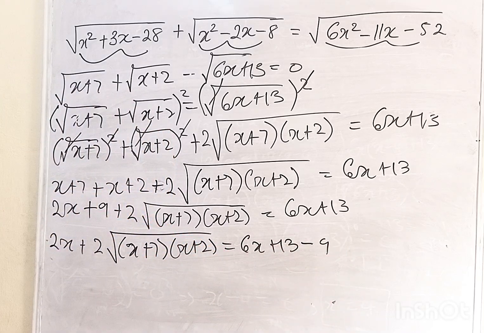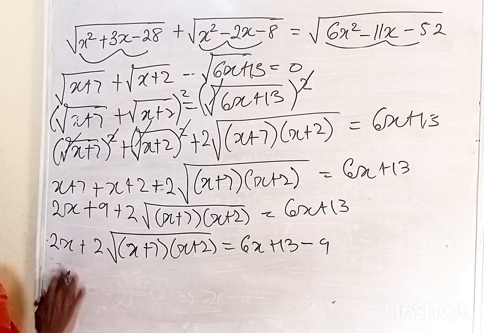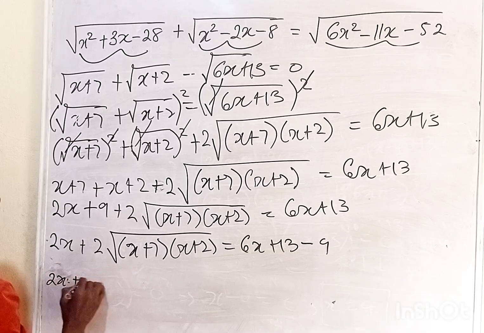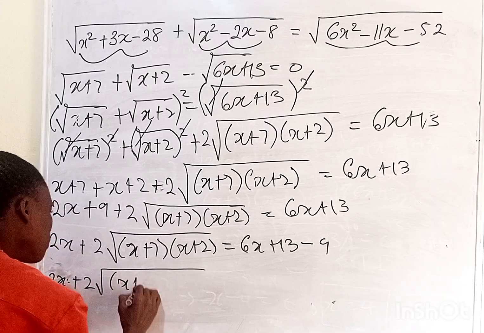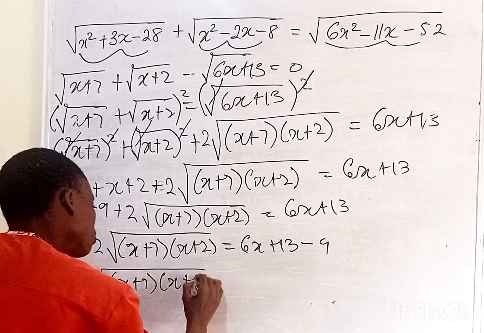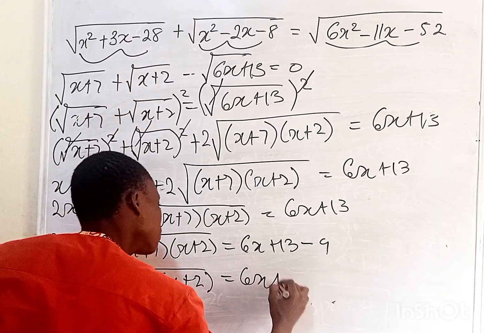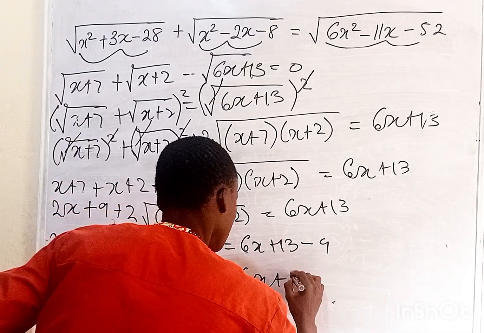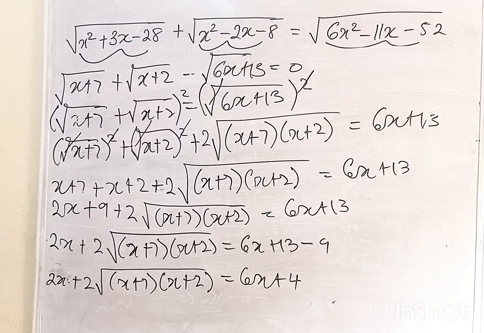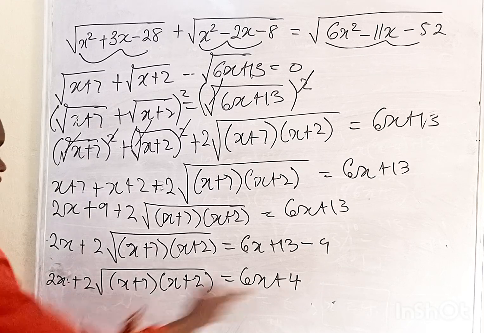All right, that's the first step. From here, what do we have next? We have 2x plus 2 multiplied by the square root of (x + 7)(x + 2) equals 6x plus, this minus this gives us 4.